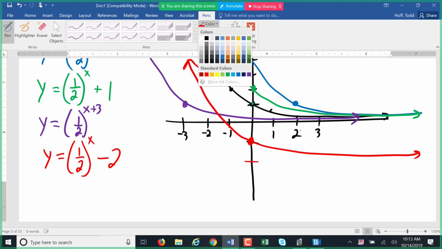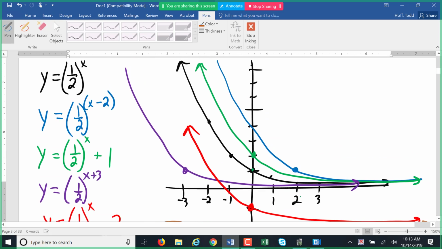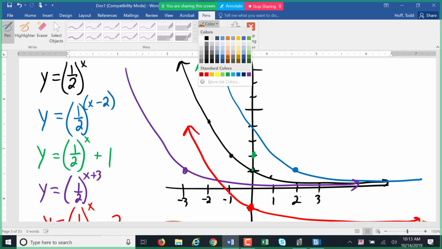We'll notice one of the changes with this one is that the horizontal asymptote is no longer y equals 0. It's no longer the x-axis. The horizontal asymptote is now y equals -2. This one up here in green, I drew it poorly, so we'll redraw that.